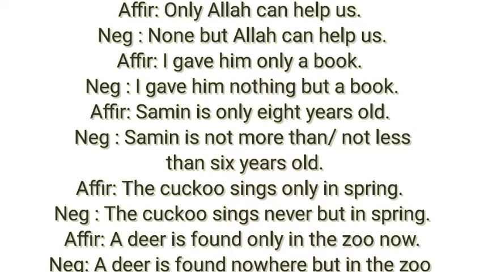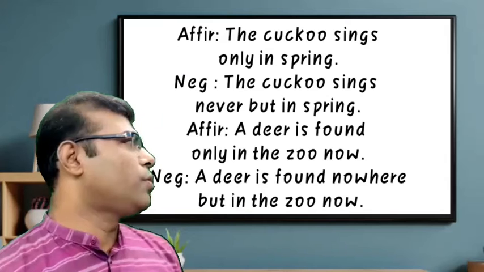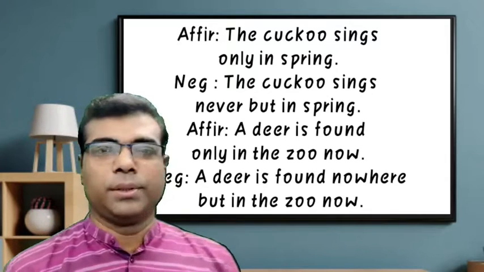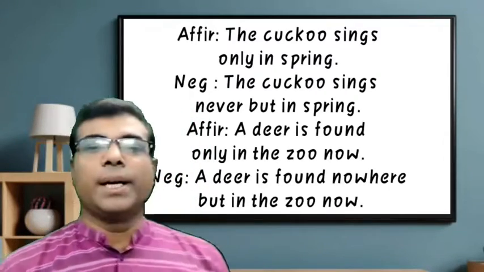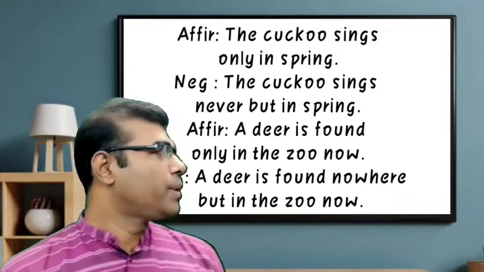The cuckoo sings only in spring. Here only is used before a season. If only or alone is used before a season, then we have to use never but instead of only or alone. Next, a deer is found only in the zoo.